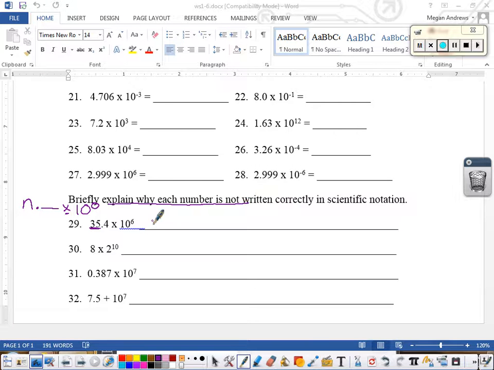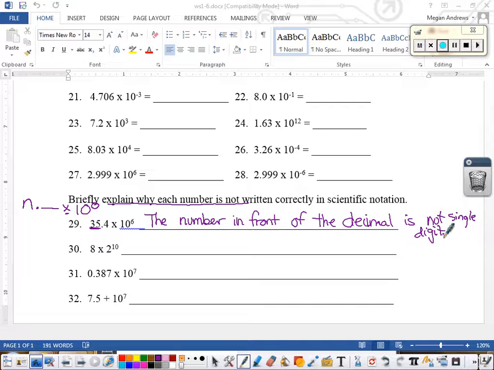So you would just write a sentence like the number in front of the decimal is not single digit. Something like that. Okay, so pick out what's wrong with each one and just write a quick sentence about it.